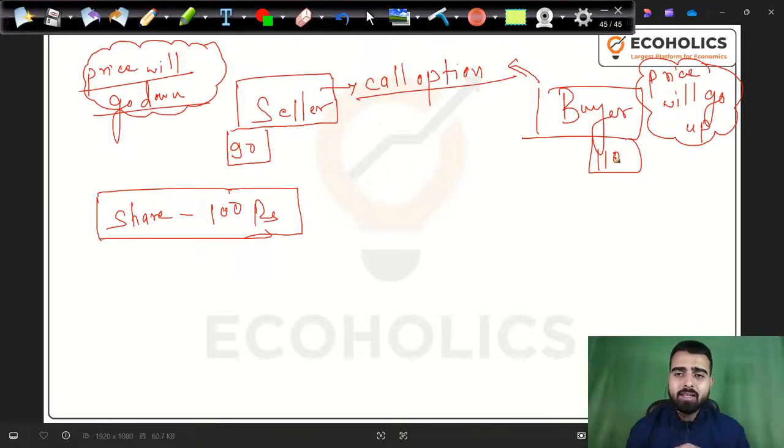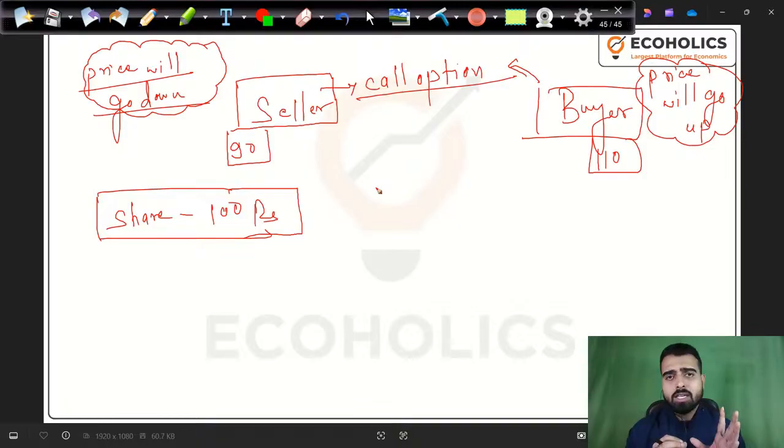So the buyer is thinking that if the price goes up in future, now the buyer wants to buy this particular share in future. So the buyer is thinking that in future this share will go to 110. At this point of time it is 100 only. It means in future it is going to be expensive for me if I want to buy this share.